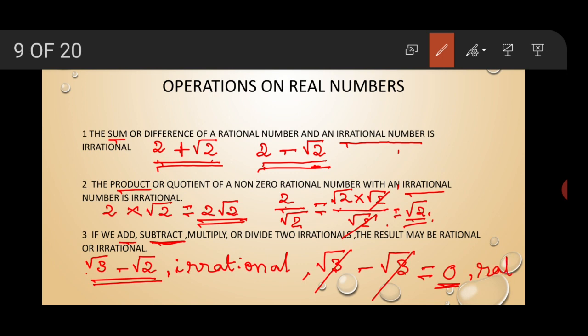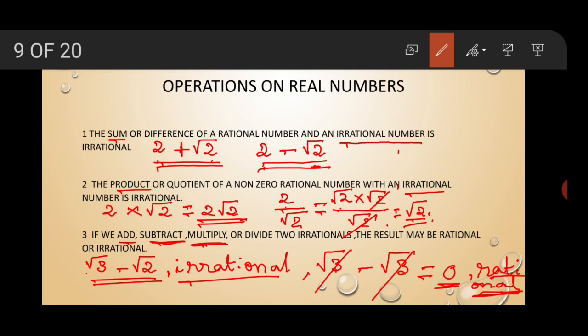Is 0 rational or irrational? Yes, it is a rational number. Therefore, we can conclude that if we subtract two irrational numbers, then the result may be irrational or it may be rational. Right? Take it down.